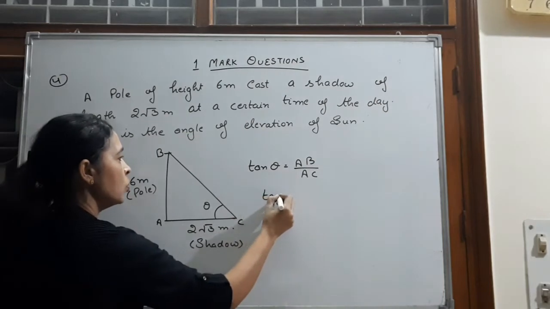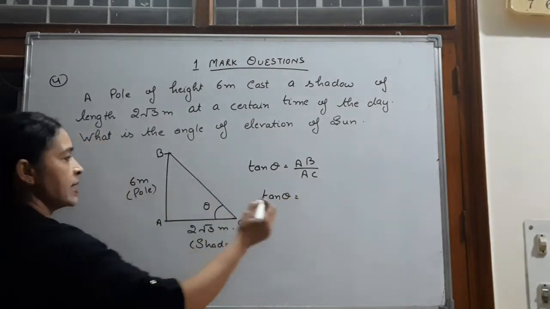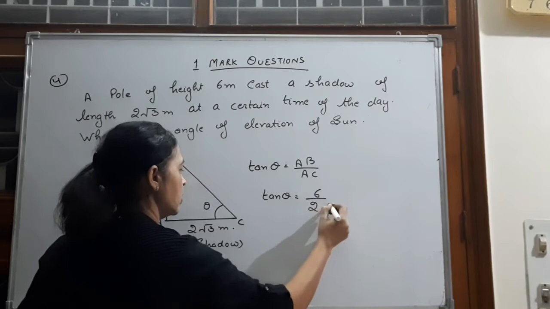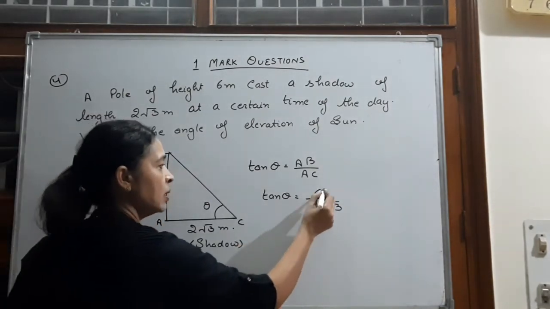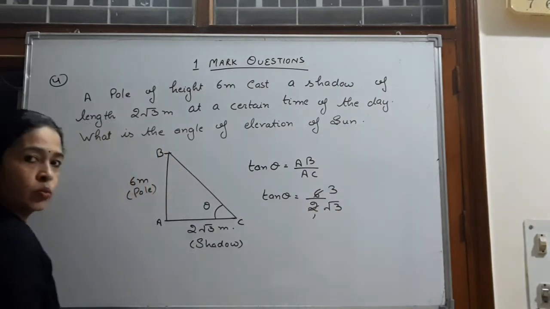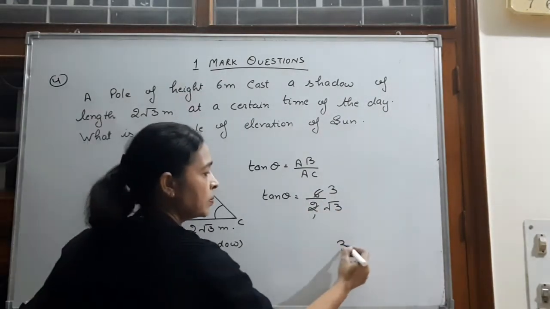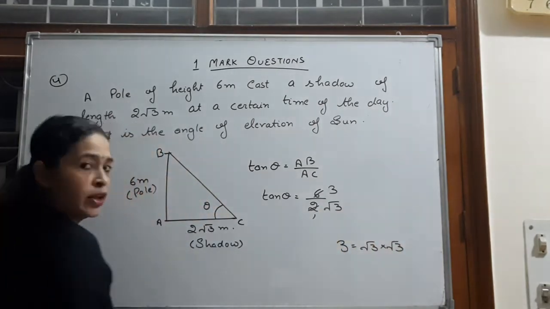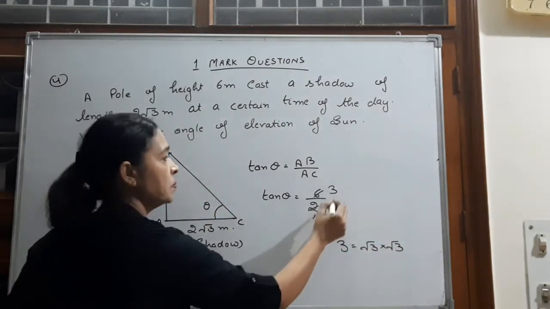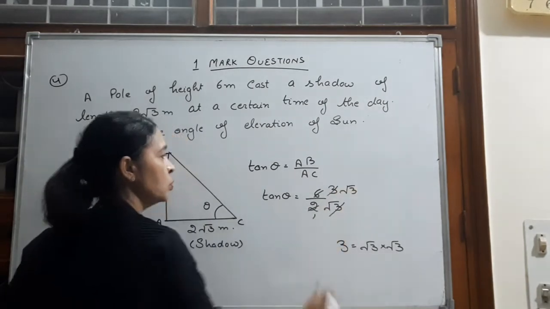Tan theta equals to AB is 6 upon AC is 2 root 3. 2 ones are 2, 2 threes are 6. Now 3 can be written as root 3 into root 3. In the denominator we have root 3. What is left? Root 3.